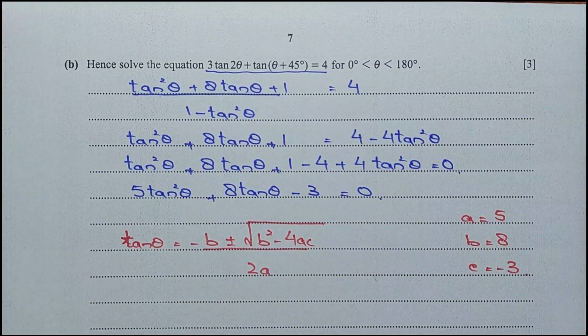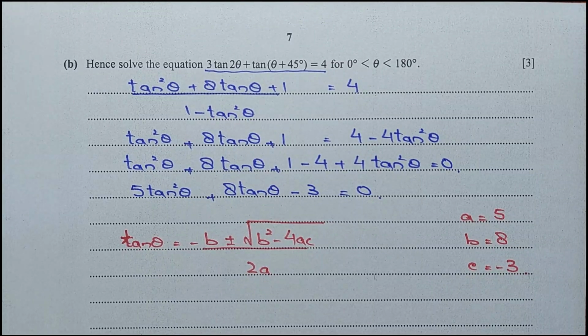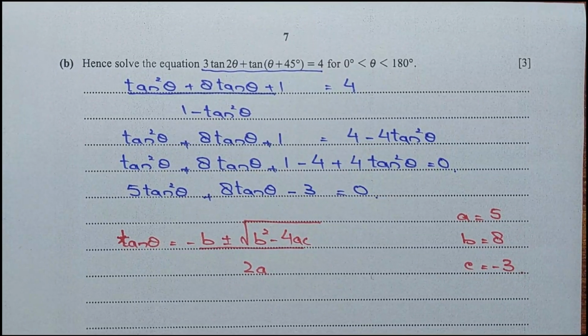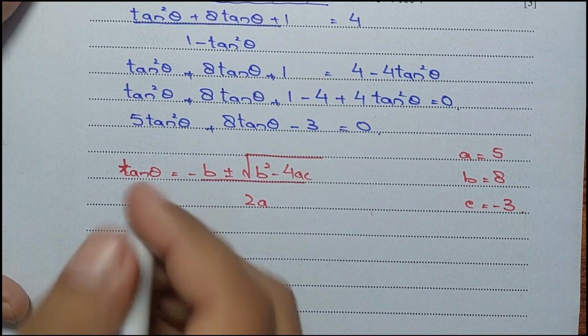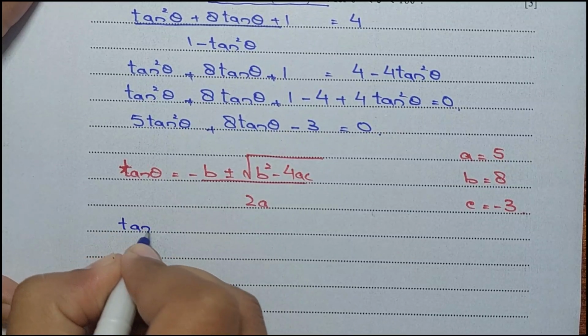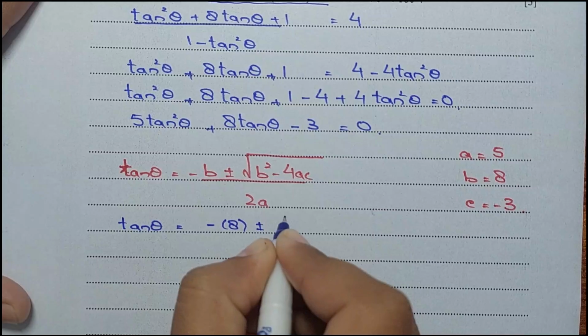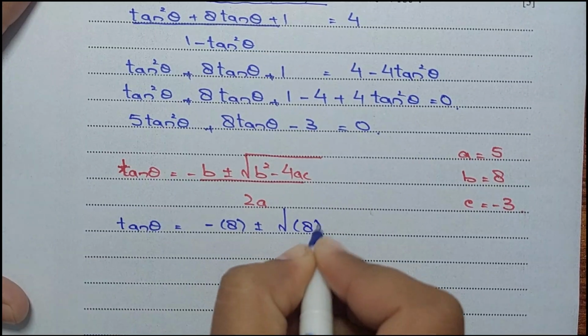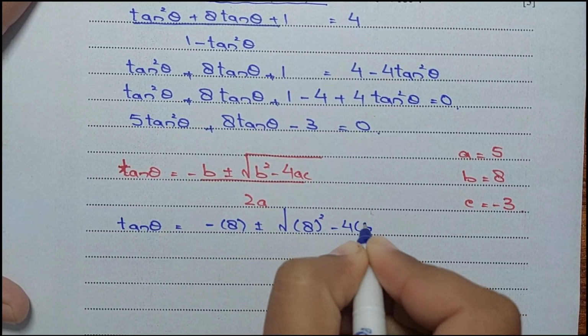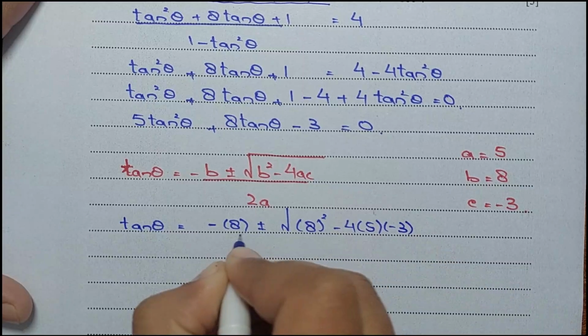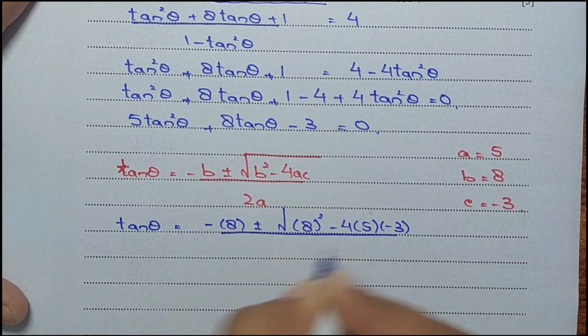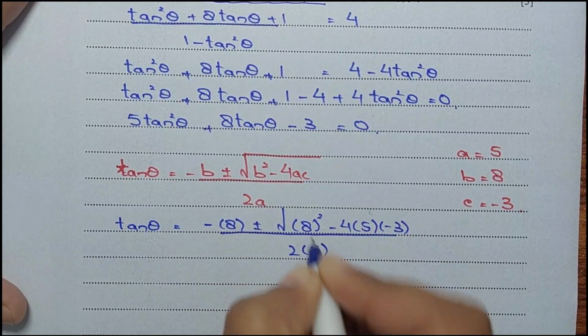Okay, let me substitute everything into the formula. So now we have tan theta is equal to negative of 8 plus minus square root 8 square minus 4 times 5 times negative 3, divided by 2 times 5.